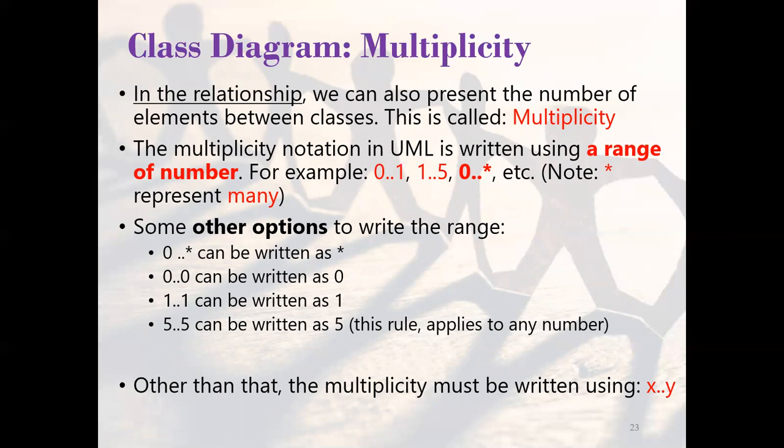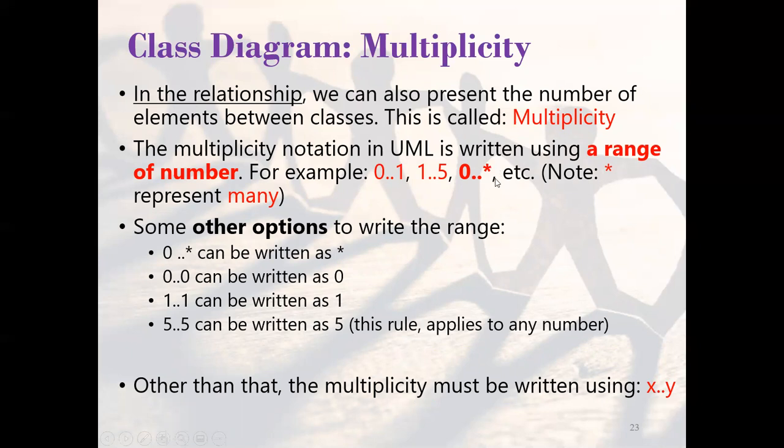Now, we also need to specify the multiplicity. Multiplicity specifies how many instances are involved in the relationship. In UML, the multiplicity is written as follows. This is 0 to 1, 1 to 5, 0 to many.